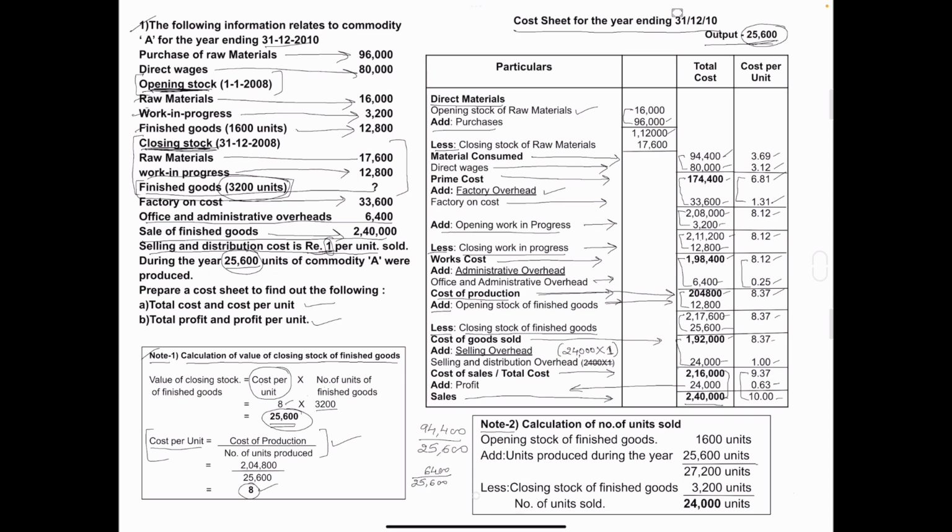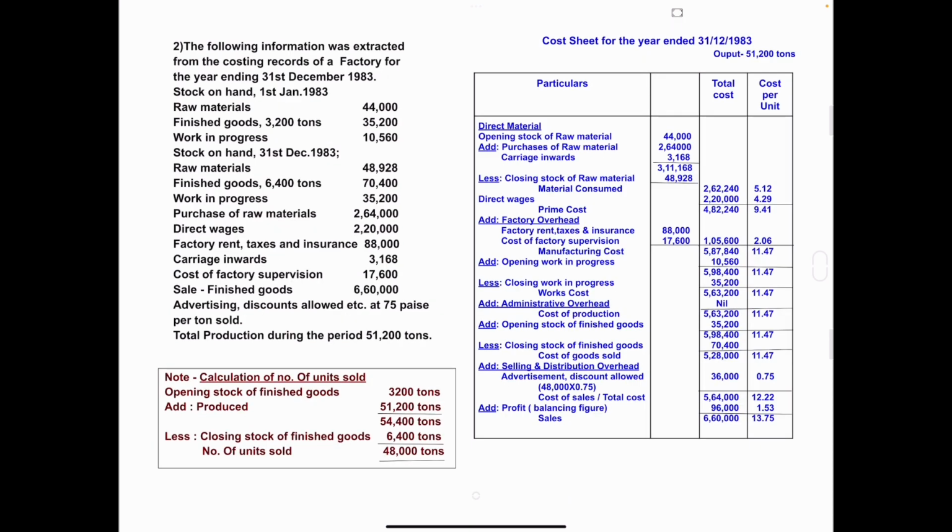I will solve one more problem on cost sheet. Problem on cost sheet, problem number 2. The following information was extracted from the costing records of a factory for the year ended 31st December 1983. Okay. Stock on hand 1st January 1983. So this is the opening balance. So in this para they have given opening stock of raw material, opening stock of finished goods and opening work in progress.